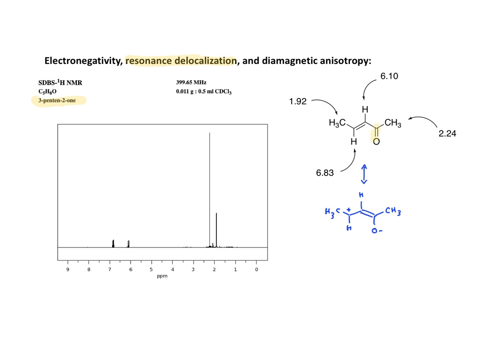The carbonyl group conjugated to the alkene deshields both of the alkene hydrogens, but the alkene hydrogen that is attached to the carbon with partial positive charge buildup is more deshielded than the other alkene hydrogen.